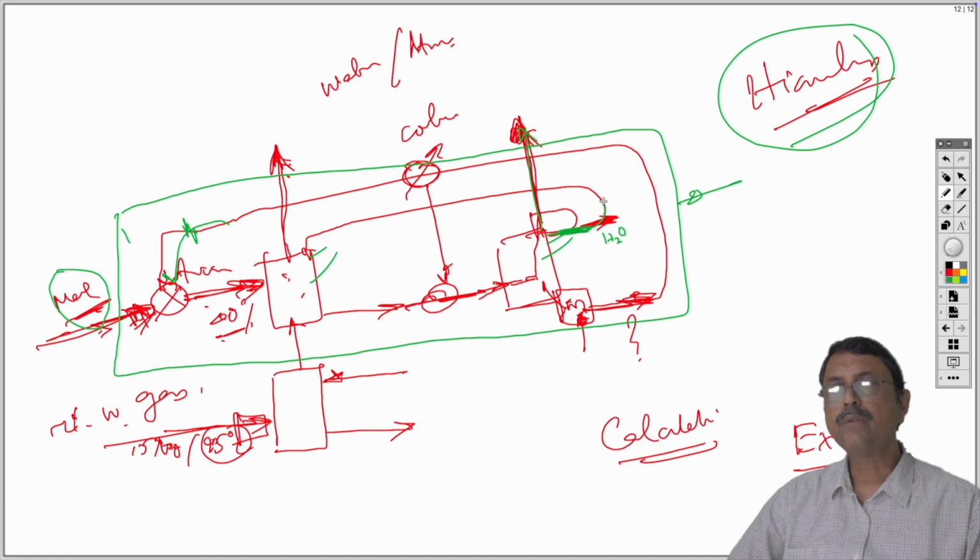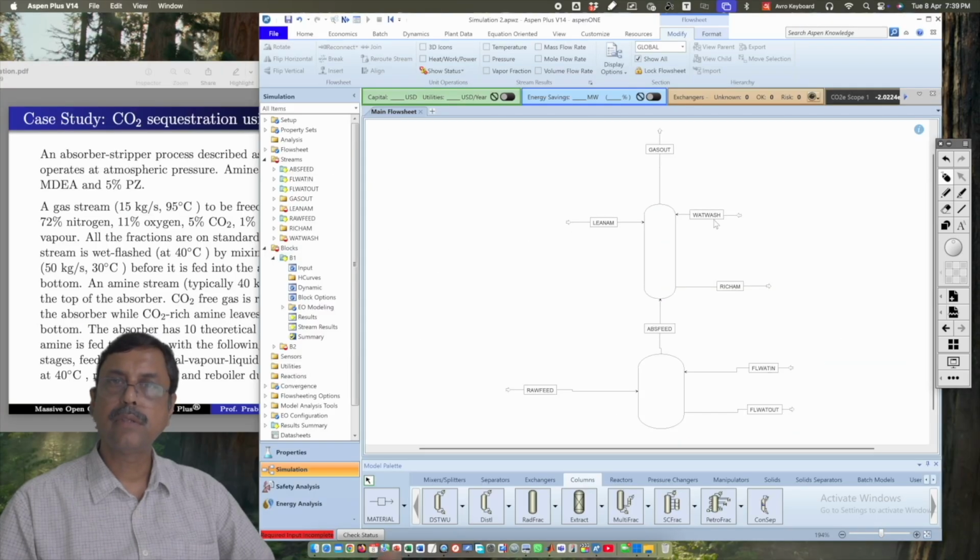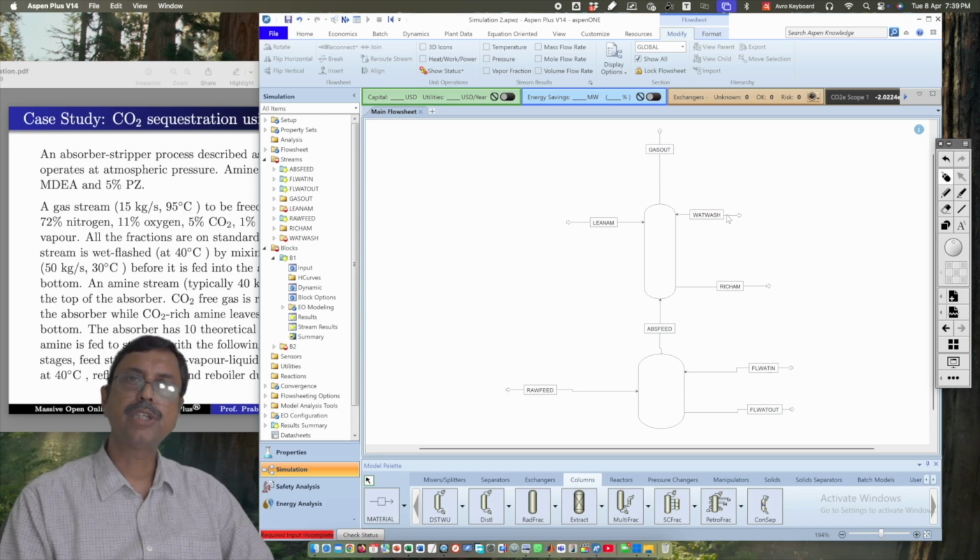So that water we are not going to lose. We are recycling it back to the absorber. So this portion is being washed with the water. So think about the recycling later. At this moment, let us assume that a water wash stream is coming from somewhere. We will replace it with the recycle later.